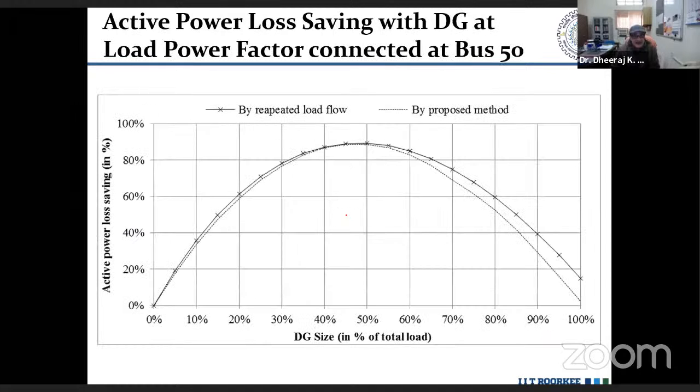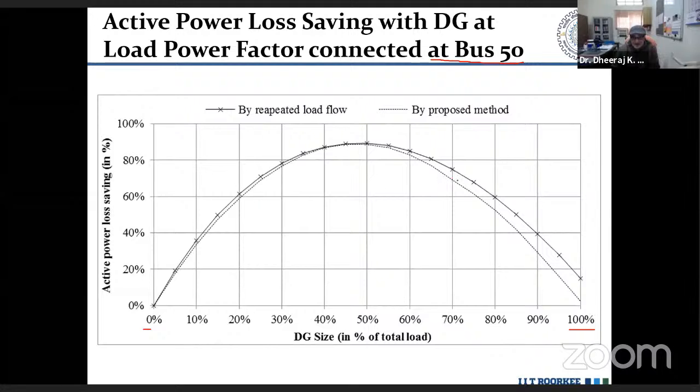First, we validated our expression of power loss saving. For this purpose, we selected a bus, bus number 50, and we varied the DG size as a percentage of total load from 0 to 100% in steps of 5%, and computed the active power loss saving.